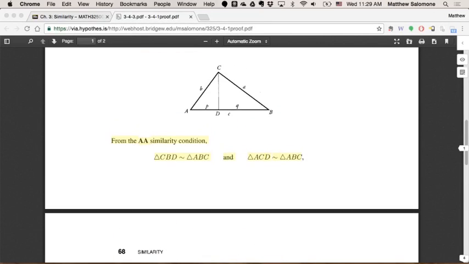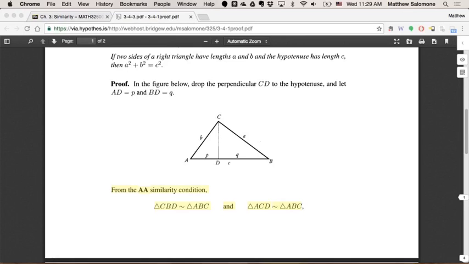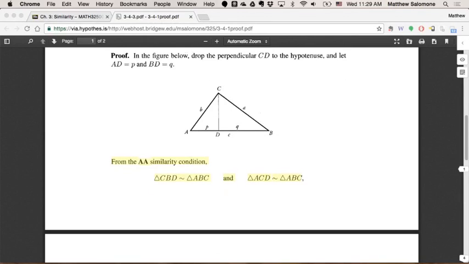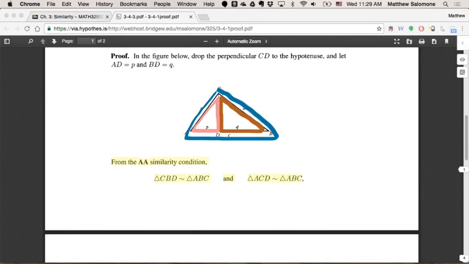So let's take a look back. That's kind of the overall structure, the main idea of this proof. Let's take a look at what you all said in your annotations. So, first of all, how do we know, as the author asserts, that all of these different triangles that we said were similar just now, so this one and this one, CDB, and then also the big one, so all three of those triangles are all mutually similar one to another.